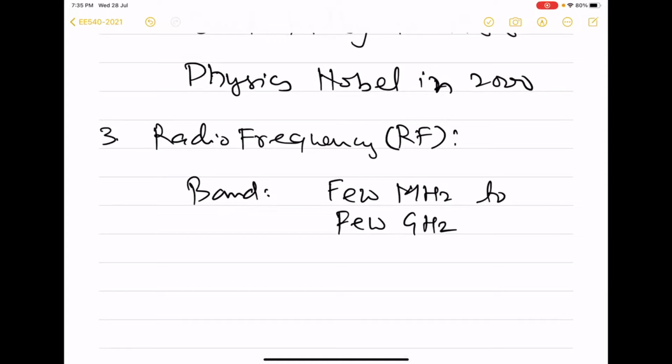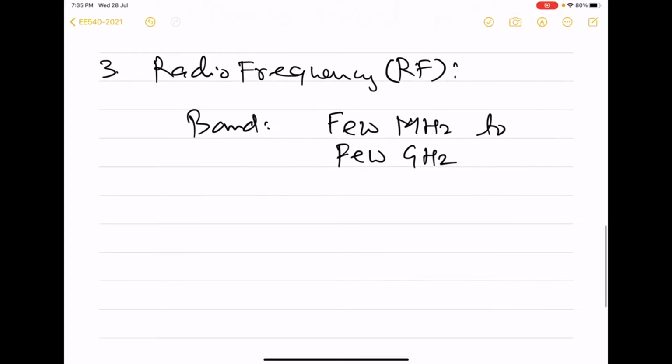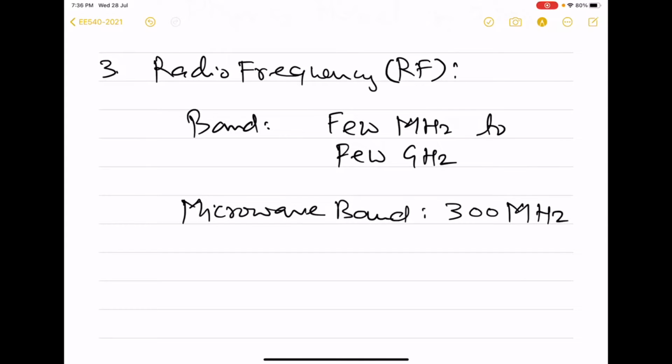However, there could be people who might say that this band actually extends up to tens of gigahertz or even more. But those frequencies typically fall in a band called microwave band, which is very well defined, starting from 300 megahertz to 300 gigahertz. So unlike microwave, RF frequencies are not very well defined.